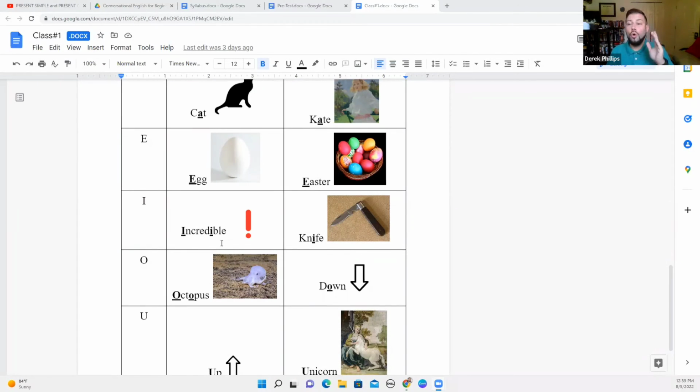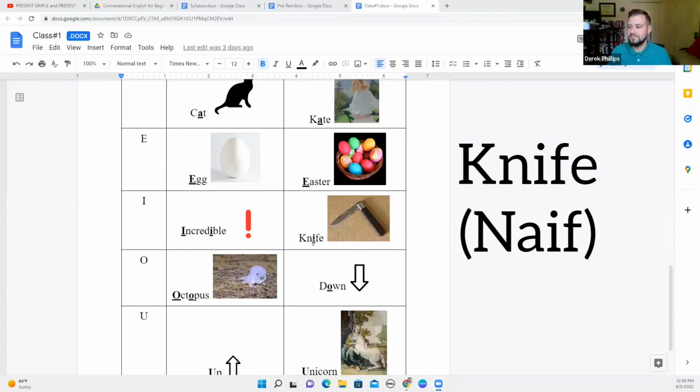Incredible. Or the long version, knife, knife. In this word, I do not hear the K or the E. Remember, the E is a signal. It's a sign that tells us the previous vowel is long, knife.